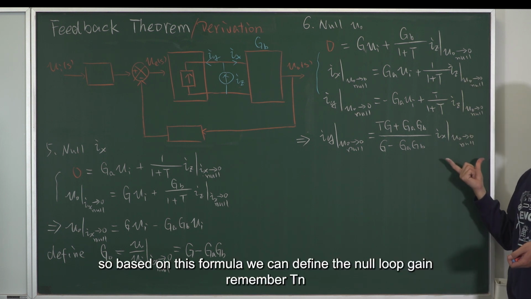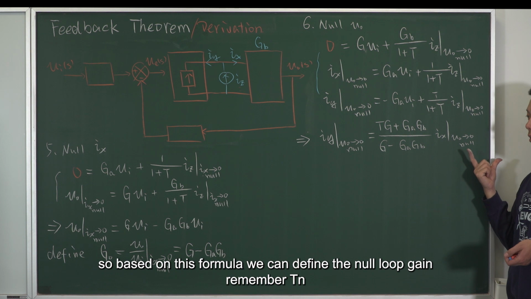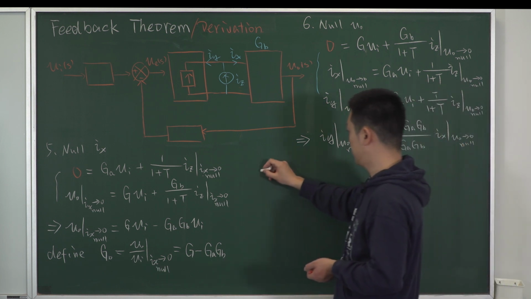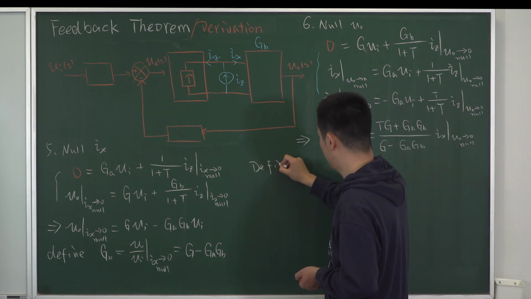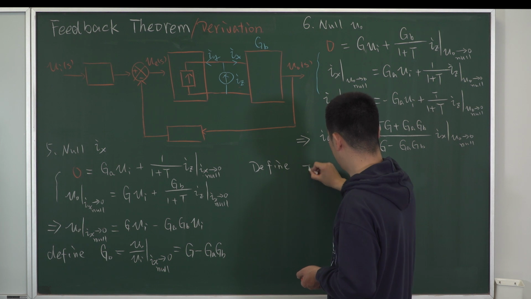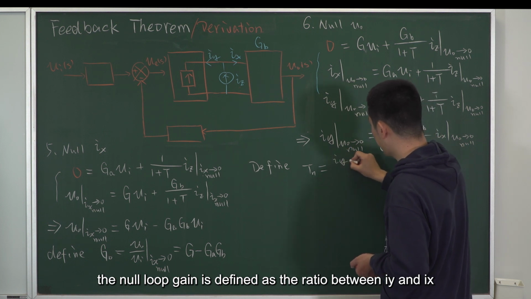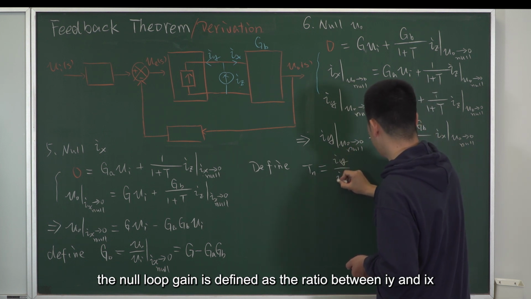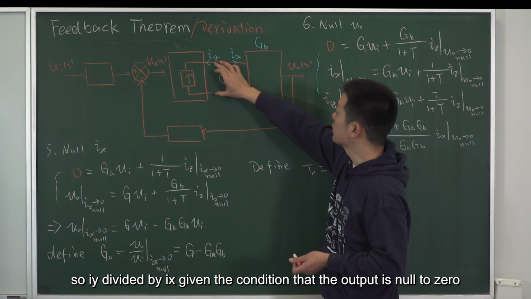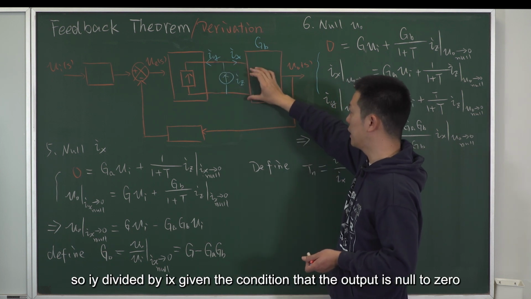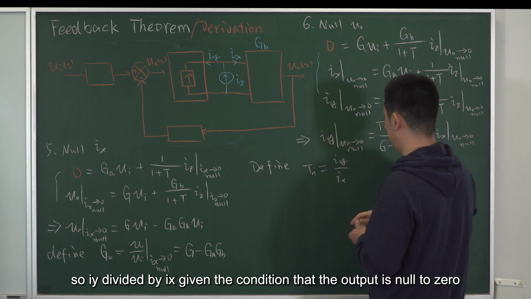So based on this formula, we can define, again, the null loop gain. Remember, right? Tn. The null loop gain is defined as the ratio between Iy and Ix, so Iy divided by Ix, given the condition that the output is null to 0.